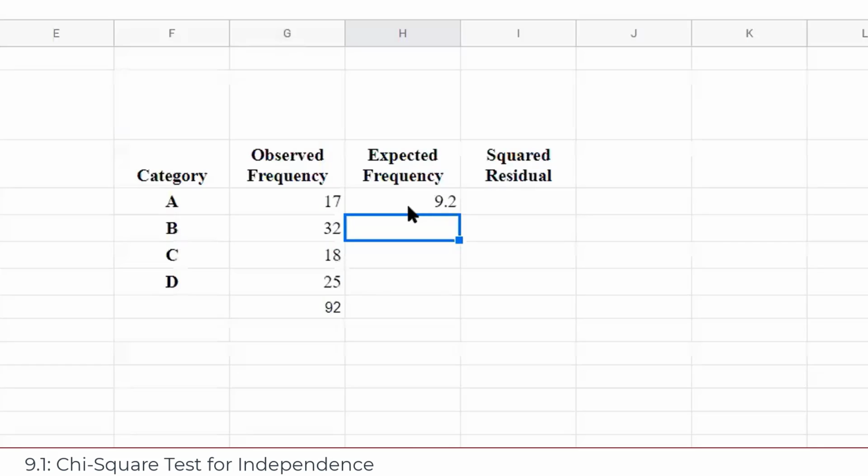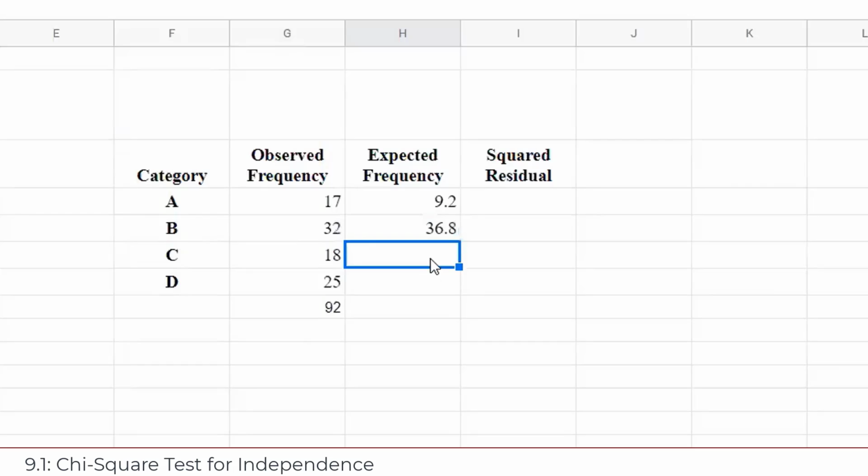So if 10% of my values should be in category A, my expected frequency would be 9.2. The observed frequency is 17. That's a big difference. For category B, equals 92 times 0.4, since category B was 40%. So I would expect 36 of the 92 to be in category B.